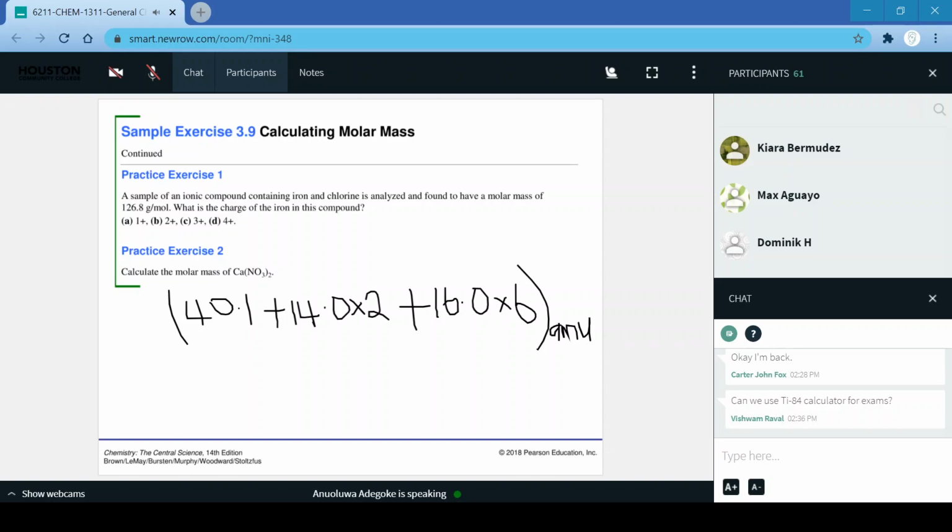Okay, can anyone do that and tell me what you get for your answer? All right, good. So it equals 164.